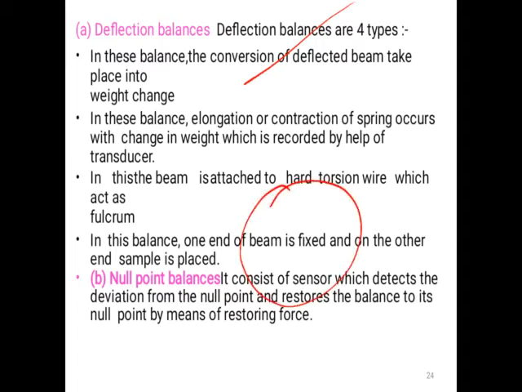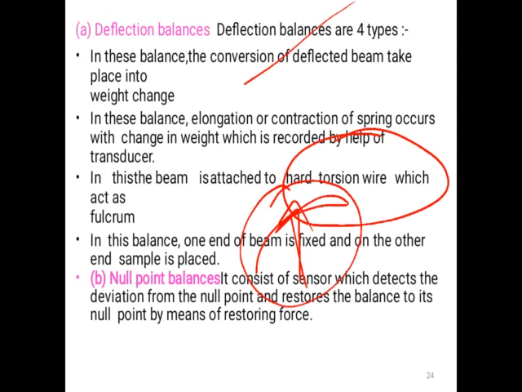So the beam keeps moving depending upon the changes in the weight. In this balance, elongation or contraction of a spring occurs with the change in weight, and it is recorded by the transducer. The beam is attached to a hard torsional wire, which acts as a fulcrum. At the other end of the beam, the sample is placed. So that is the deflection balance.